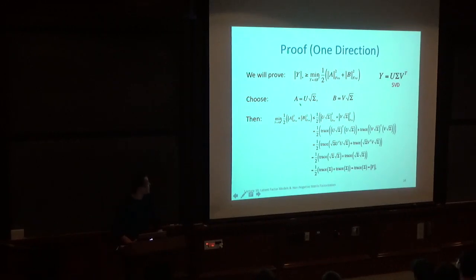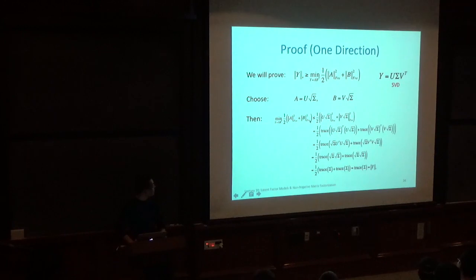we simply show that there exists an A and B that is less than or equal to this, and therefore the minimizer must be less than or equal to this. And so we choose A and B equal to this, just like in the eigenfaces example. And then what follows is fairly standard stuff.